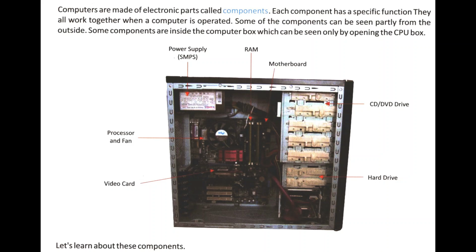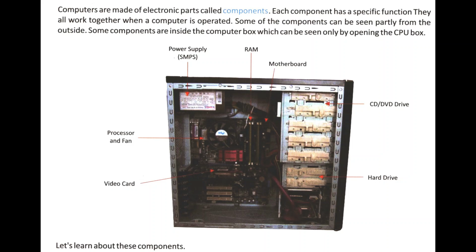Some other components assembled inside the CPU box are LAN, graphic card, video card, and bus. A bus is a collection of wires which are used to connect one component with another component. All the components inside the CPU box have specific functions to perform some task.